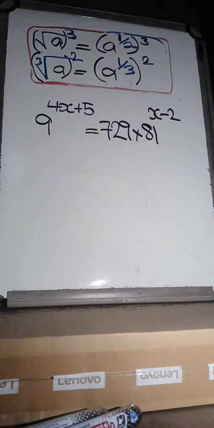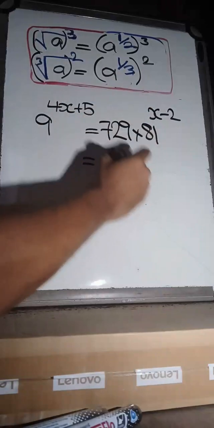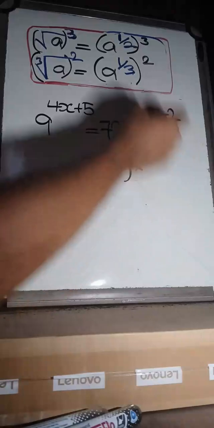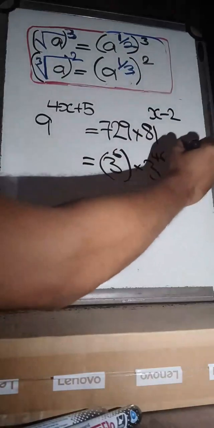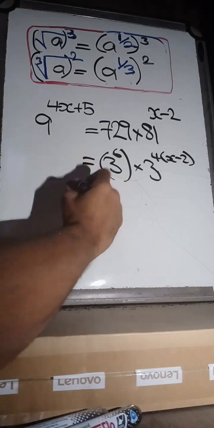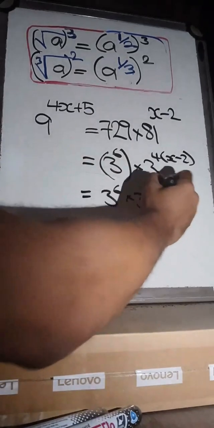Now, I know that this is 3 raised to the 6 based on what we did before. And this is 3 raised to the 4, which is being multiplied by x minus 2. So that's going to be, just on this side alone, 3 raised to the 4x minus 8.